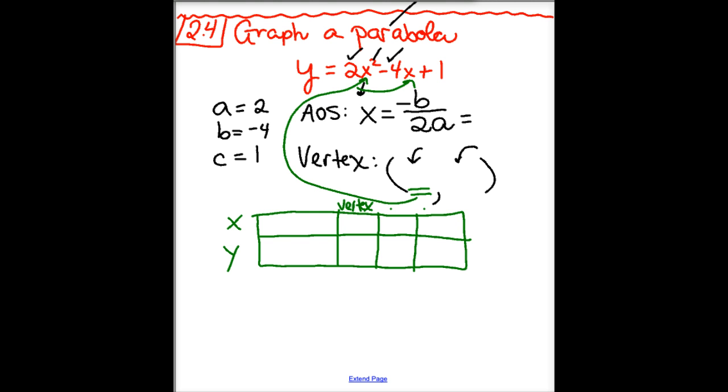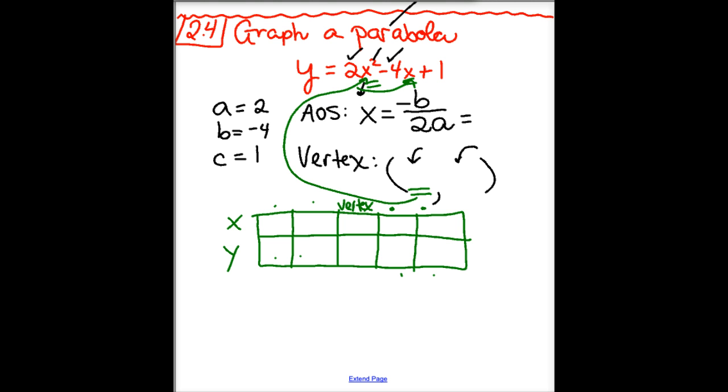So had that been at 5, you would choose 6 and 7 to put here and here. Had it been -1, you choose 0 and 1. You're going to go 2 to the right. You're going to plug those numbers in for x to get the y values. You can use your calculator. And then you go 2 to the left, and you get to steal these two.